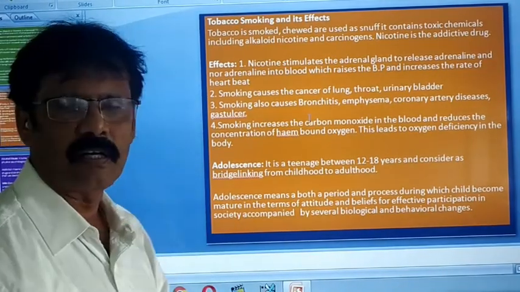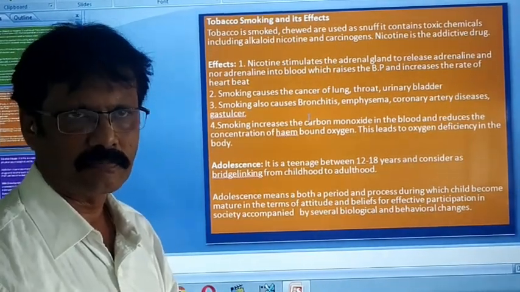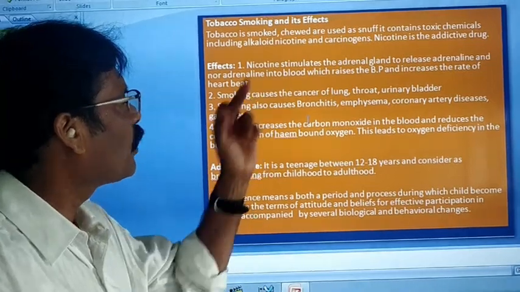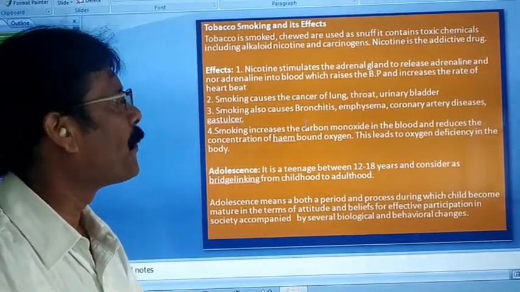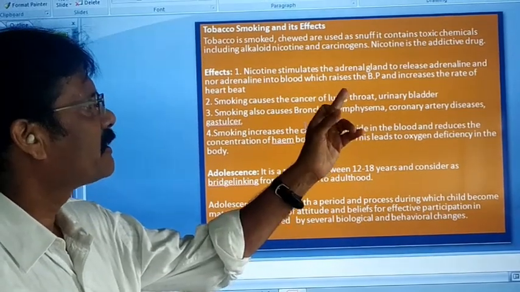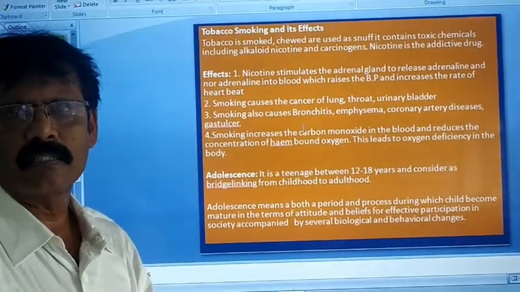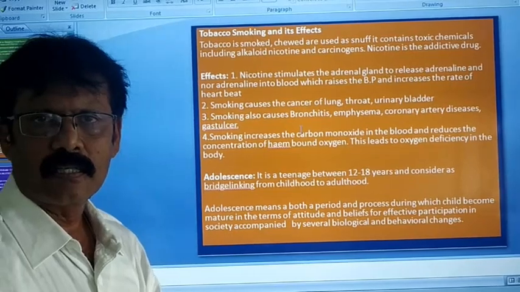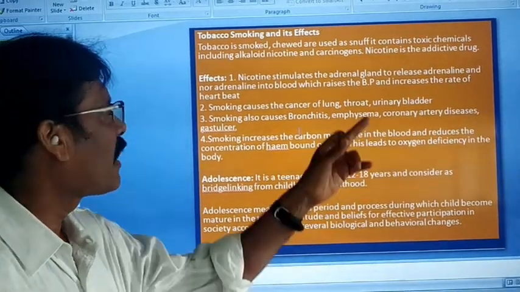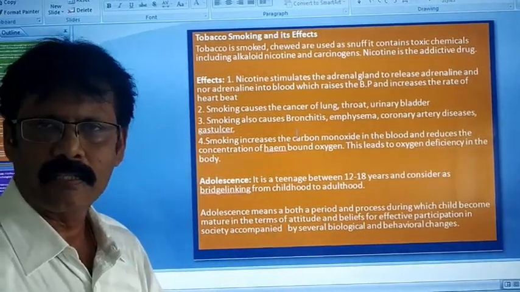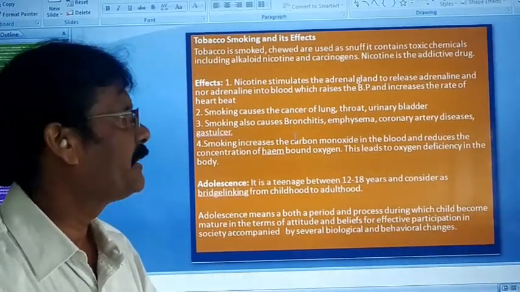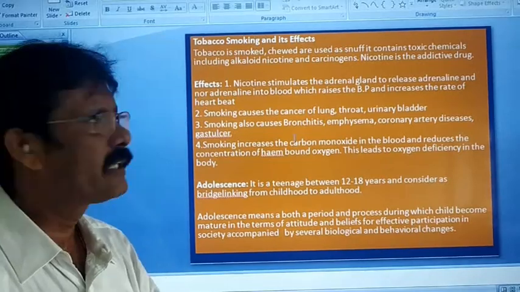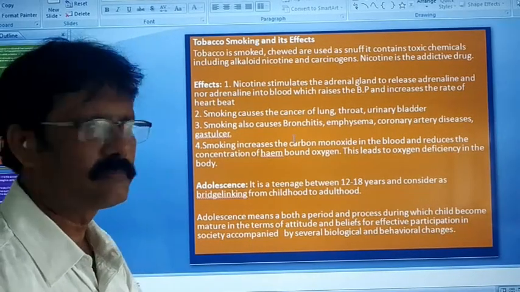So, effects of cigarette smoking. First, nicotine stimulates the adrenal gland to release adrenaline and noradrenaline into the blood, which raises the BP and increases the rate of heartbeat.